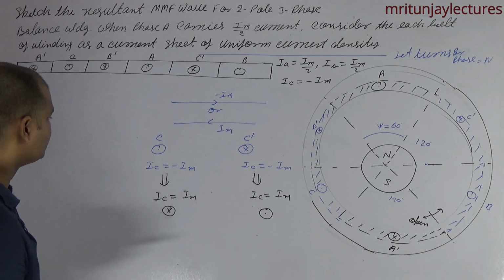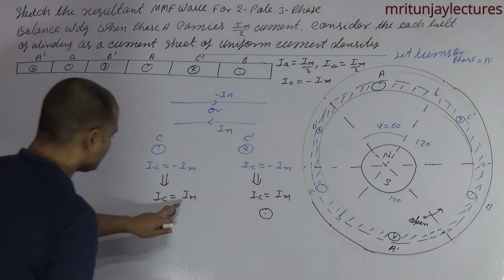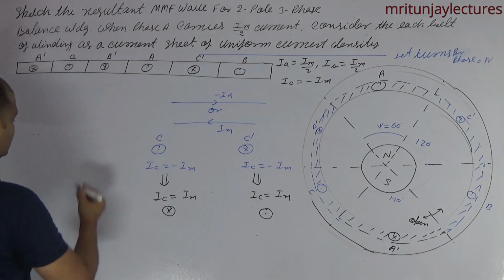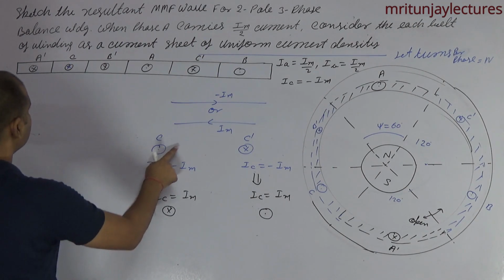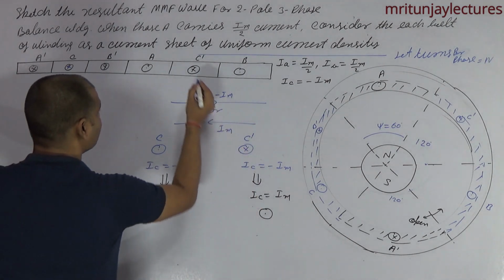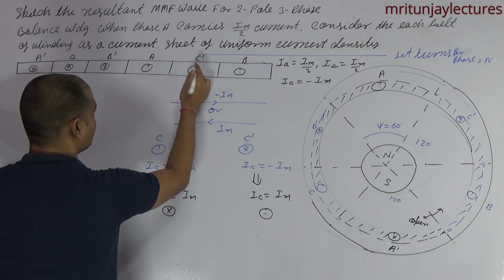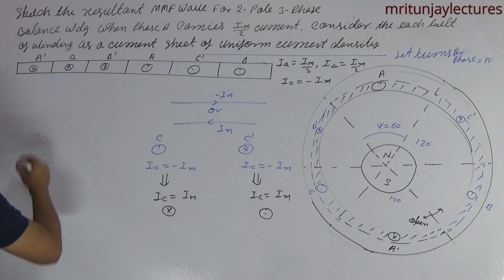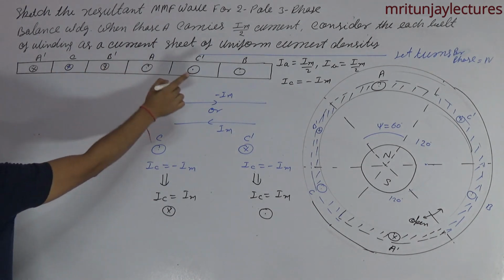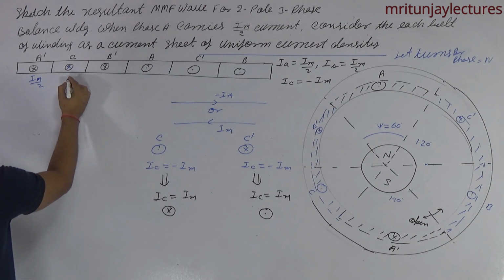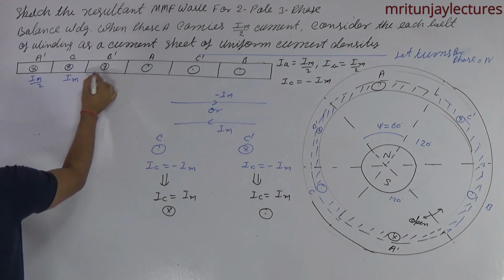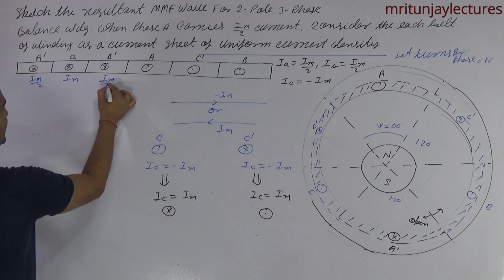Okay, so IC is represented by cross and IC dash is represented by dot. What about IA? IA is Im by 2, and what about IC? That is plus Im. What about IB?